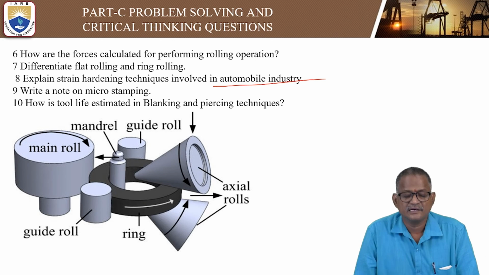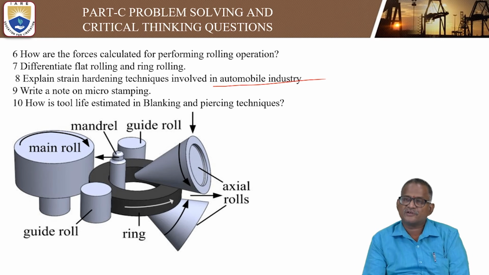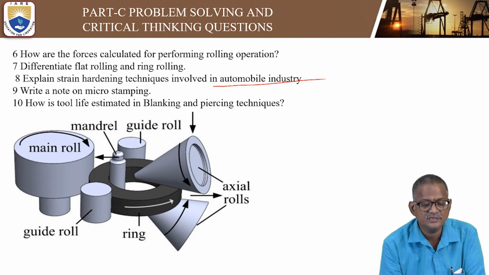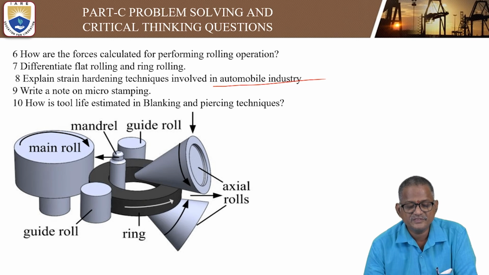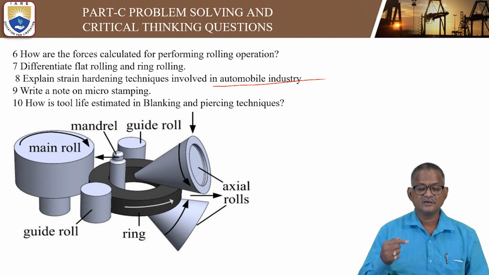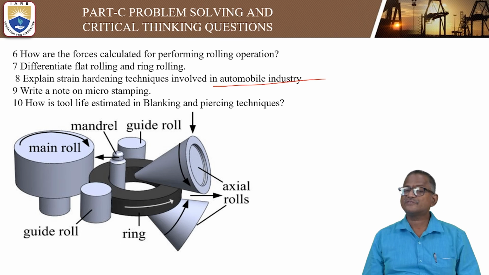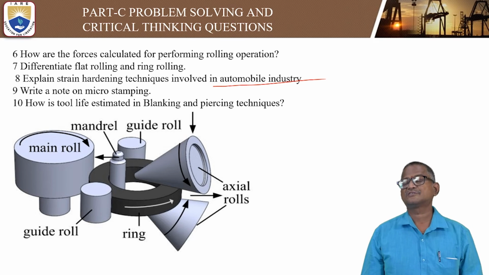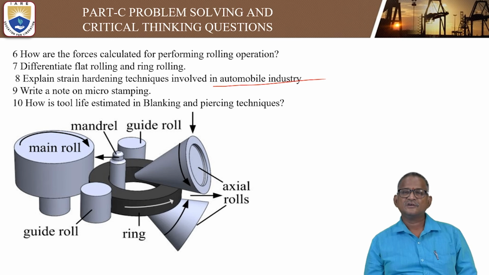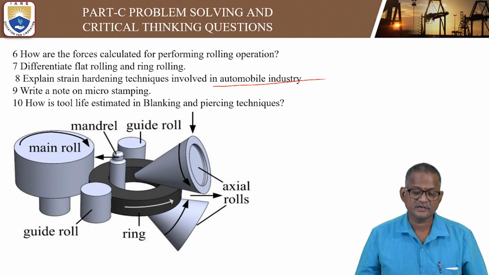Exactly, stamping is very, very important. Micro stamping is used for some lettering and making different shapes. And how is the tool life estimated in blanking and piercing techniques? Because tool life plays an important role based on the usage of ring rolls, square and rectangular rolls, etc., in order to change the shape and size of the component.